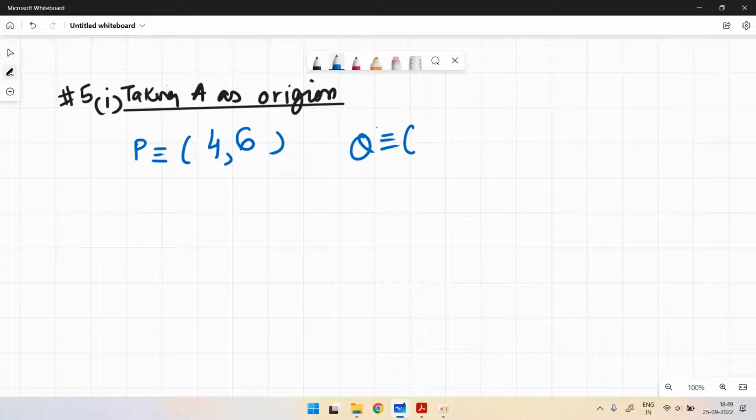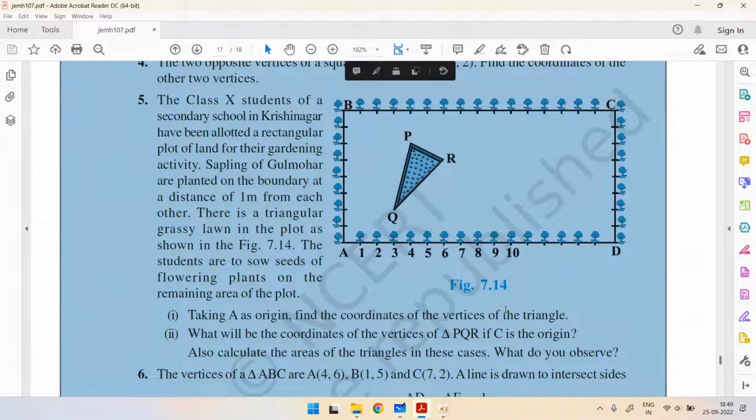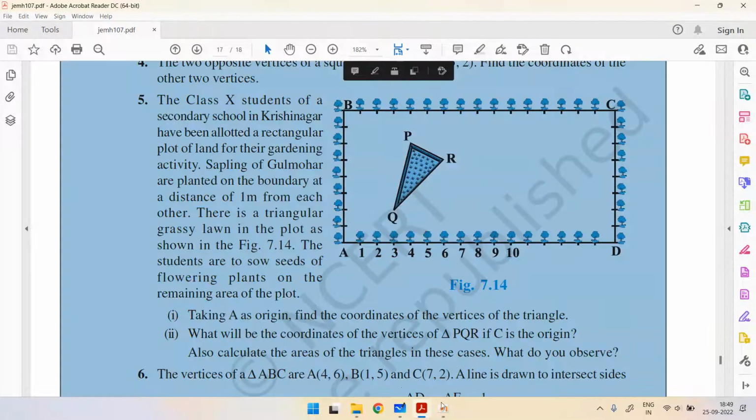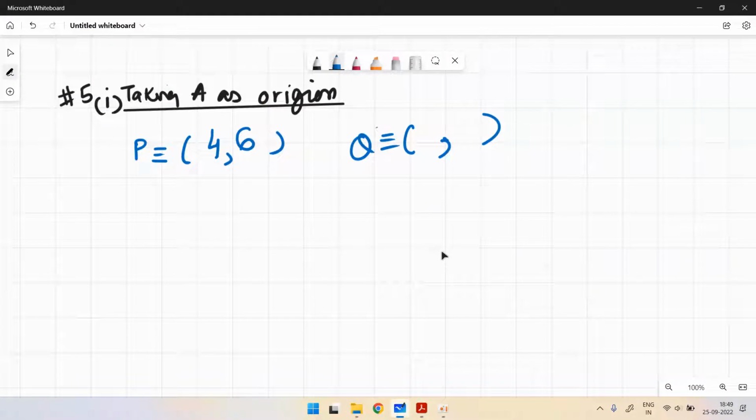With respect to A, Q will be, see, x is 3, and y is 2. So 3 comma 2. And what is R?